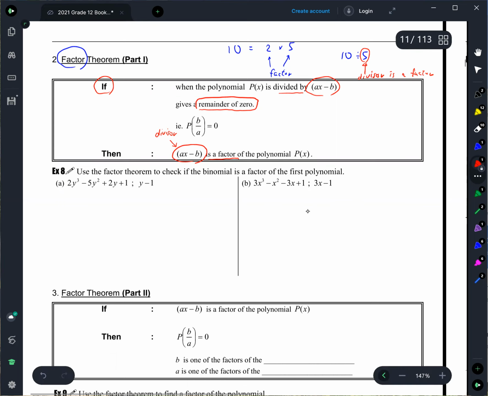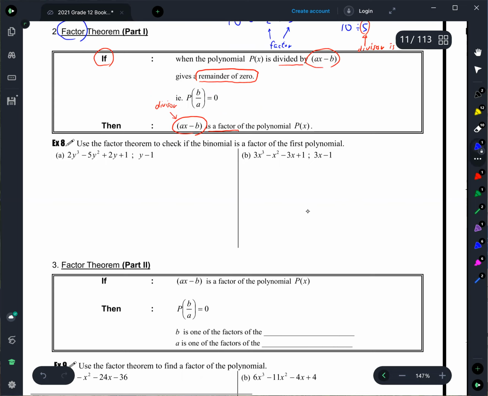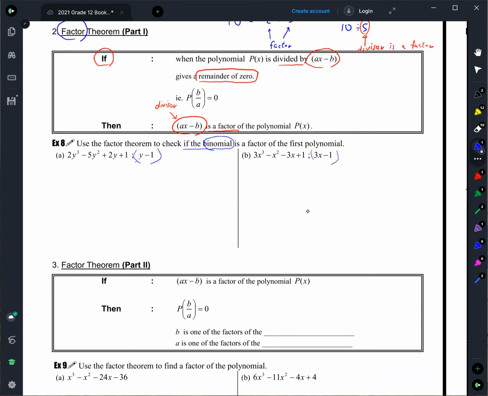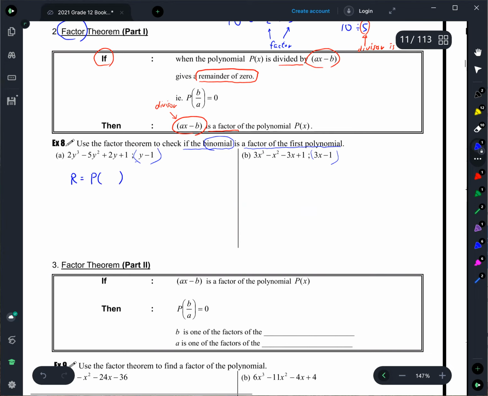So question 8 here, use the factor theorem. So that's our part 1 of factor theorem, to check if the binomial, which refers to the y minus 1 here, or the 3x minus 1, okay, the 2 terms, is a factor of the first polynomial. So you just need to find a remainder, okay? So remainder equals P of, so what do we need to sub in to find the remainder for this one?